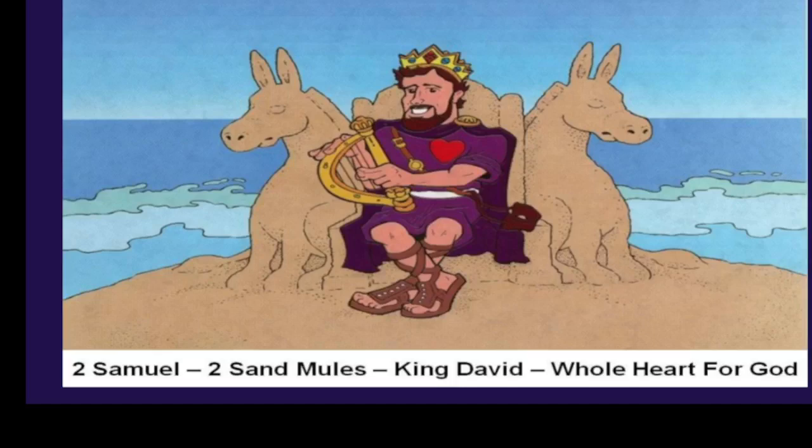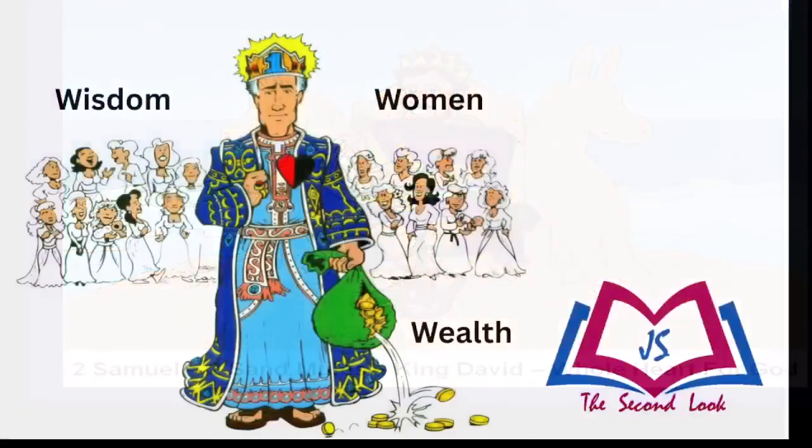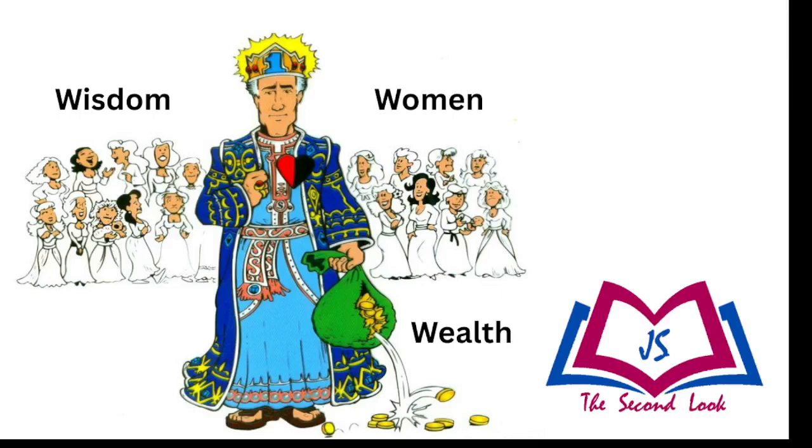The next book is the book of 1st Kings. The book of 1st Kings is all about the 3rd king of Israel, which is Solomon. You notice there the 3 W's, wisdom, women, and wealth. The thing you might notice about Solomon is he has a half a heart for God.